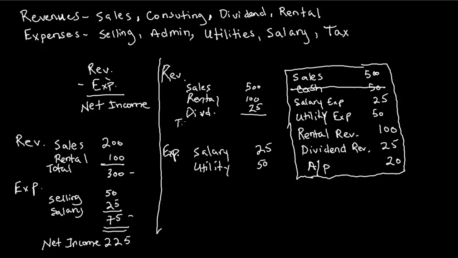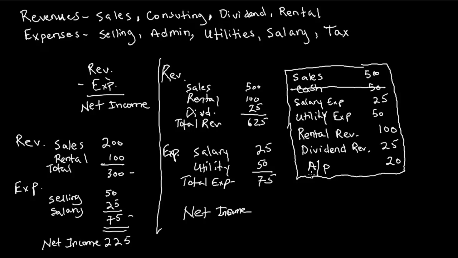So our total revenue is 625, and our total expenses are 75, which would mean that our net income, oh, and I forgot to add that we don't include account payable.